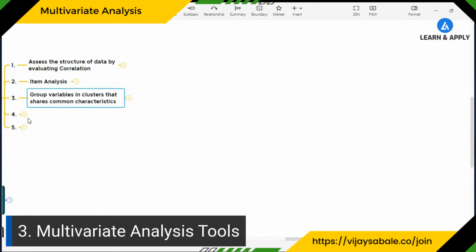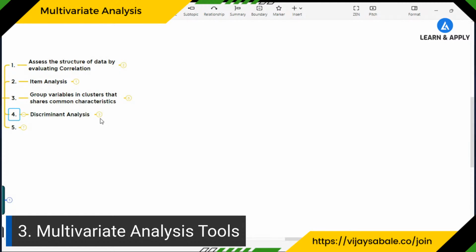Now the fourth group is about discriminant analysis. In many cases, we are going to see that yes, the processes are capable, but still we are getting some defectives. And it's really hard to detect the root cause for it. The investigation and everything takes more time, and in that case, we require some immediate actions.